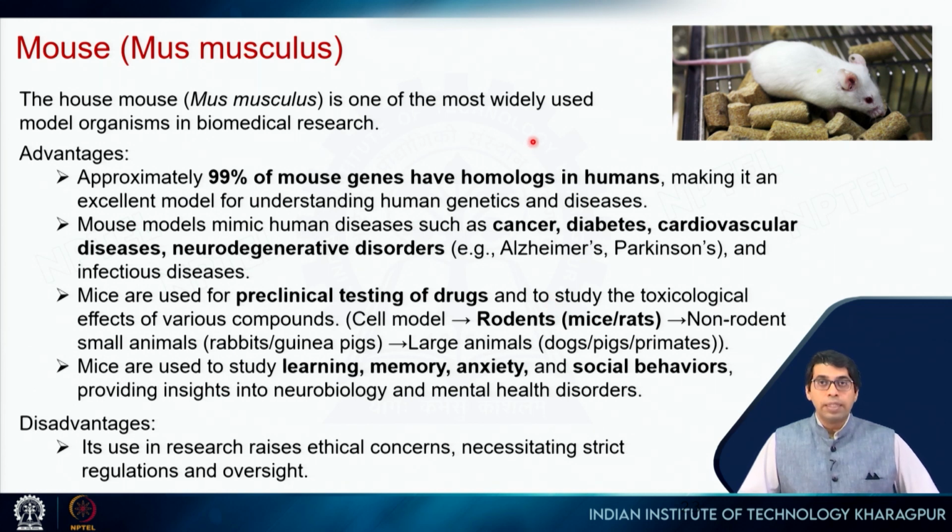Now, the most widely used organism is the mouse model. The house mouse, Mus musculus, is one of the most widely used model organisms in biomedical research. It has many advantages. Almost 99% of the mouse genes are homologous to human.